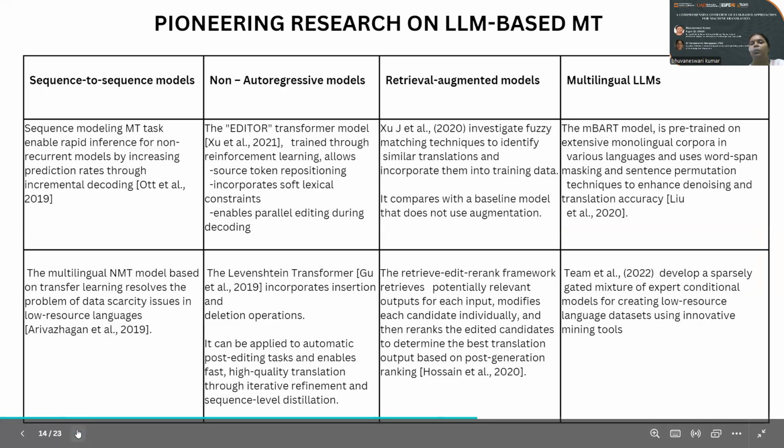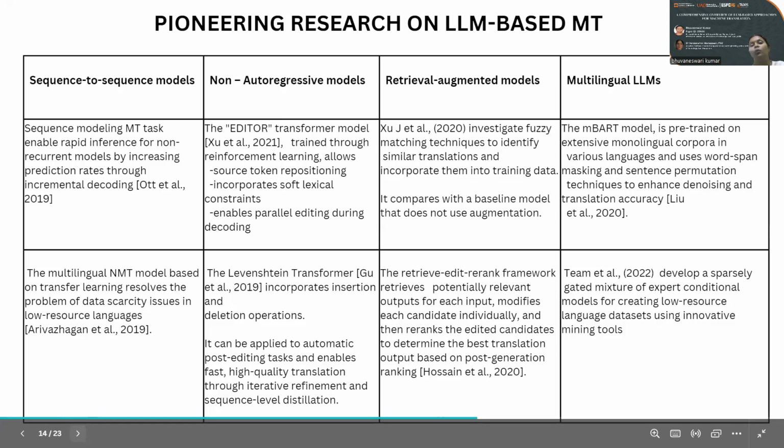Pioneering research on LLM-based machine translation in sequence-to-sequence models. Here, it uses the incremental decoding technique to enable rapid inference for non-recurrent models, increasing the prediction rates. In the multilingual NMT model, it uses the transfer learning technique to resolve data scarcity issues, specifically for low resource languages.